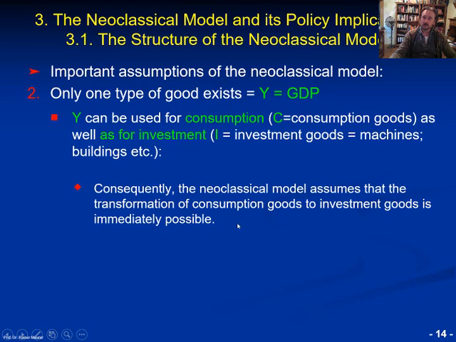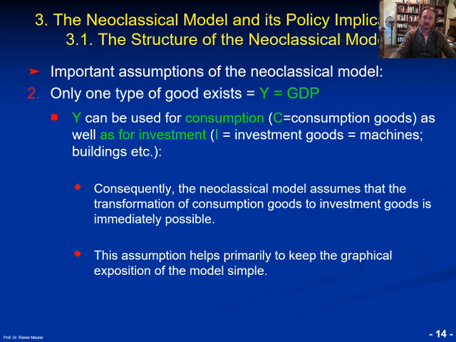Consequently, the neoclassical model assumes that the transformation of consumption goods to investment goods is immediately possible. This assumption primarily helps to keep the graphical exposition of the model simple. As we will see, the Keynesian textbook model makes the same assumption for the same reason.